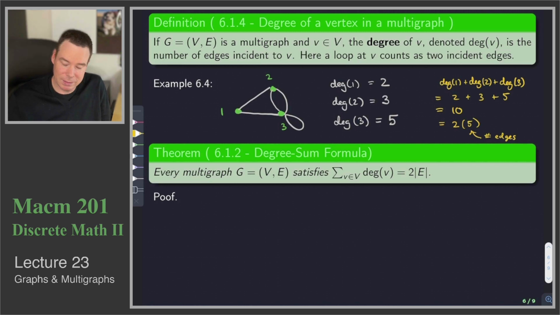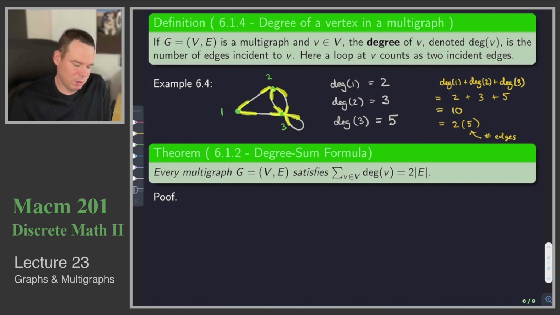And it's not a surprise that this happens, because if you think about what we've just done here, for every edge, I've counted these 2 edges by the fact that they are incident with vertex 1. But I also count that top edge a second time because it's incident with vertex 2. I count these ones because they're incident with vertex 2. And then I also count these ones again. They're incident with vertex 3 and this one as well.